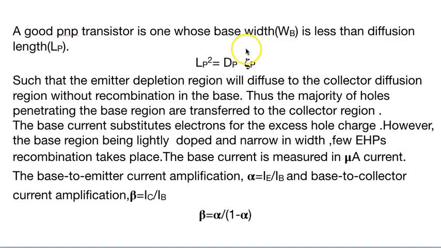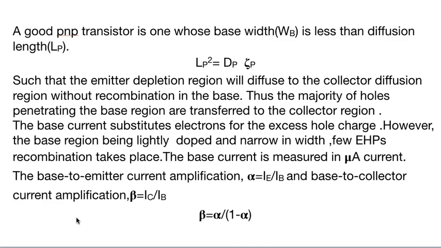Tau p is the time taken by a charge carrier. Such carriers from the emitter region will diffuse to the collector without recombination in the base. This property is shown by a good PNP transistor. Thus, the majority of holes penetrating the base region are transferred to the collector region.